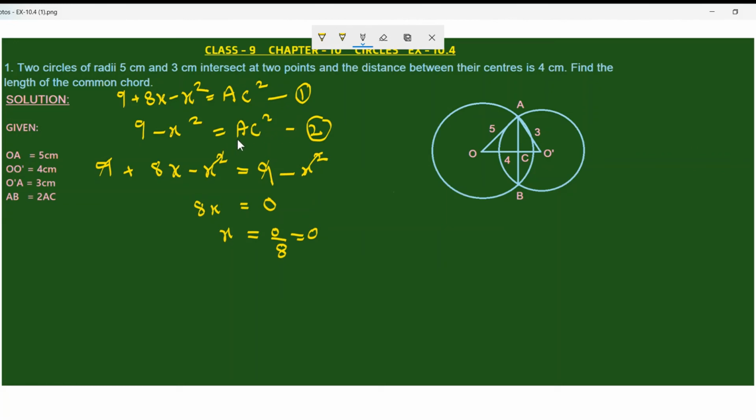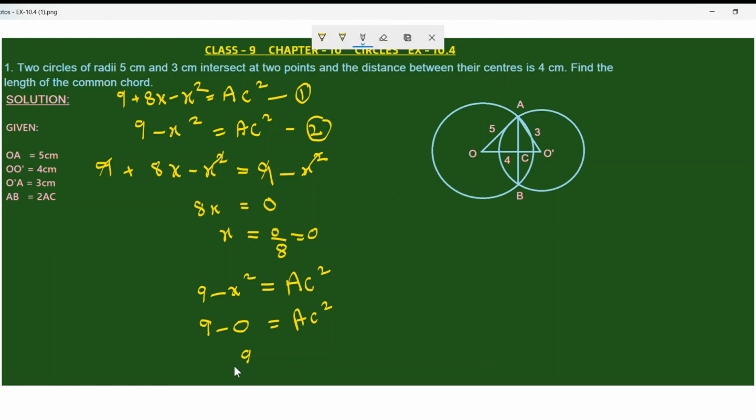Here I am going to take second equation. If we take second equation, that is 9 minus x square, which is equivalent to AC square. Our x is 0, so if you put 0, square of 0 will be 0, which is equivalent to AC square.